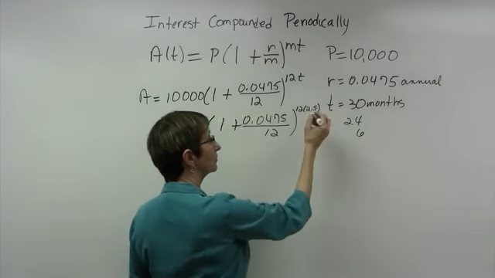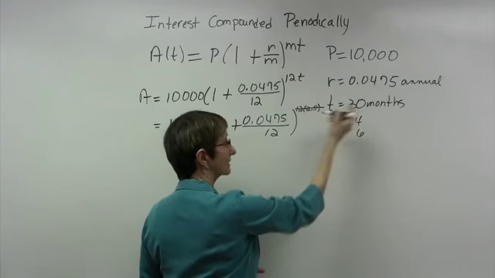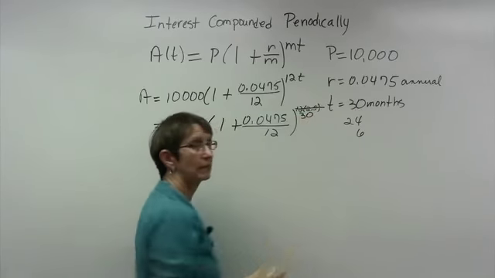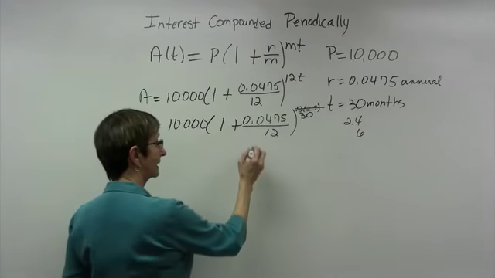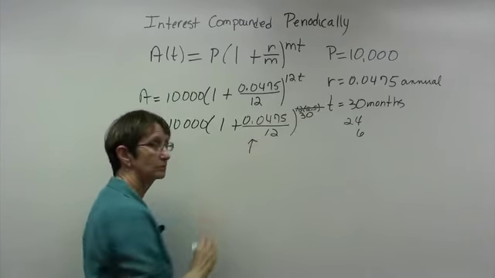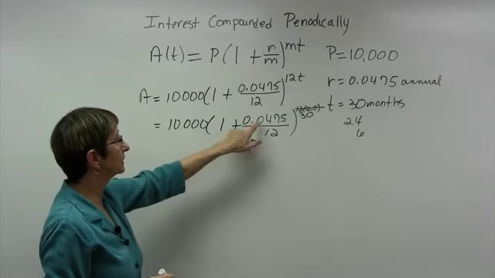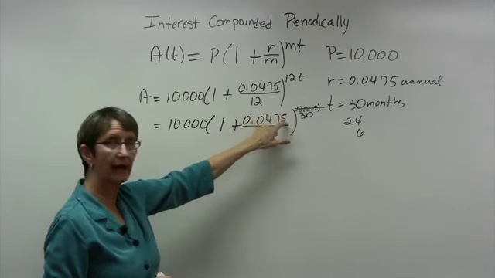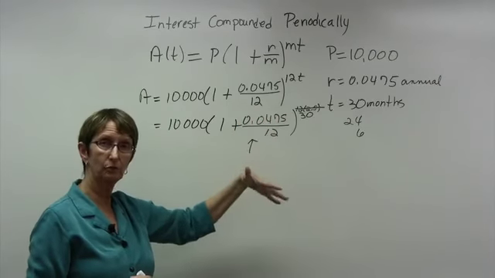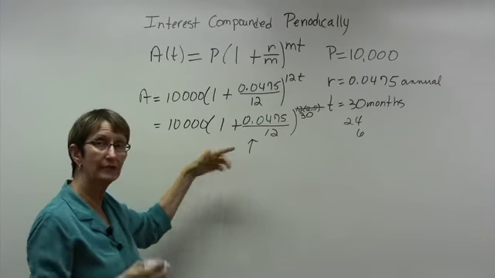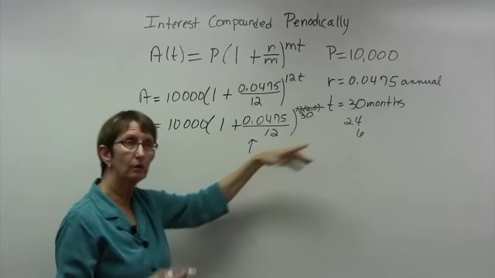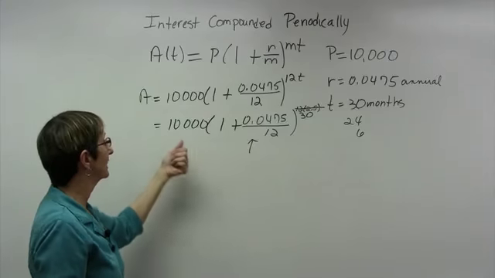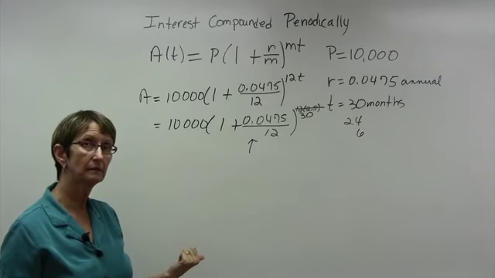My 12 times 2.5 gets me back to my 30, because that's the number of months. So I would start in here in the calculator and first put in 0.0475 divided by 12 equals, add 1 equals, raise it to the 30th power, find out what that equals, and then multiply by 10,000.